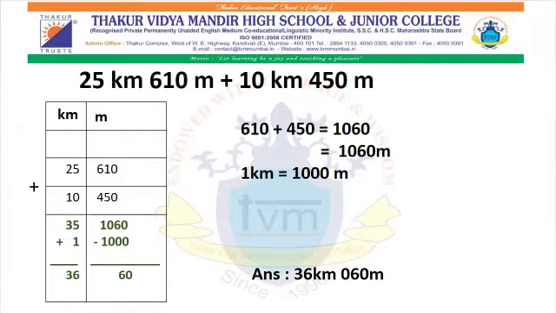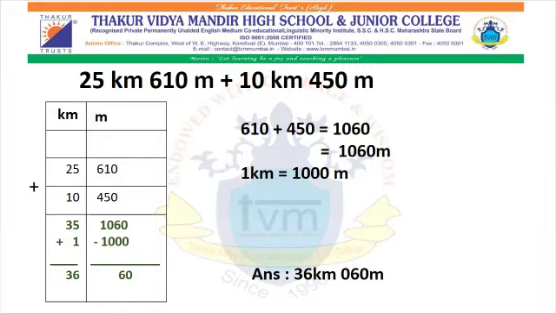Now, you will start your addition from the meters place. From the meters place, the addition of 610 plus 450 is 1060. Now, you know that 1 kilometer is equal to 1000 meters. So, 1060 is exceeding 1000, right?